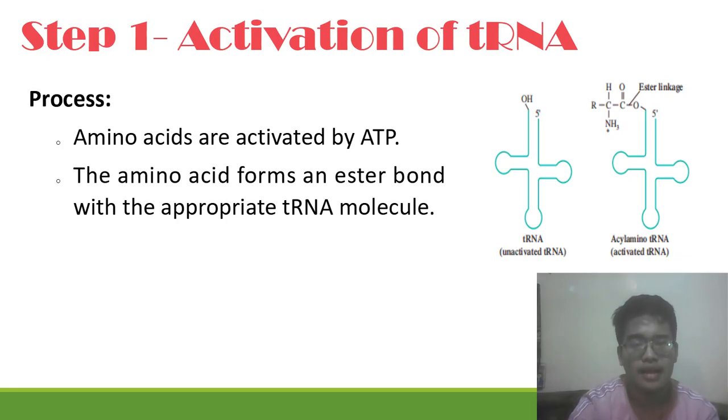This complex then reacts with the appropriate tRNA molecule to produce an activated tRNA molecule. This is a tRNA molecule that has an amino acid covalently bonded to it at its 3' end through an ester linkage. This is a diagram of an activated tRNA.